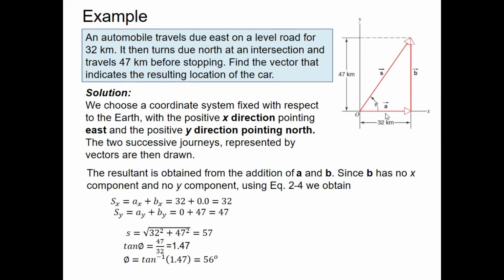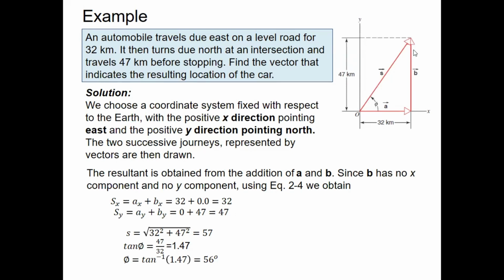Since these two vectors are really one-dimensional, the a vector has only components along the x-axis, and this b vector has only components along the y direction, and therefore the resultant vector has the magnitude given by the square root of 32 kilometers squared plus 47 kilometers squared, due to what is known as Pythagoras theorem.